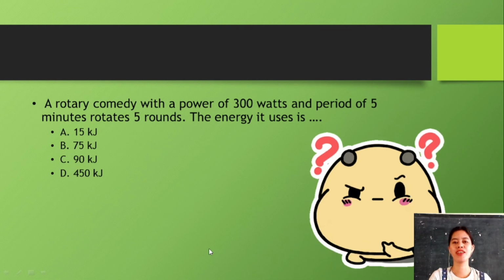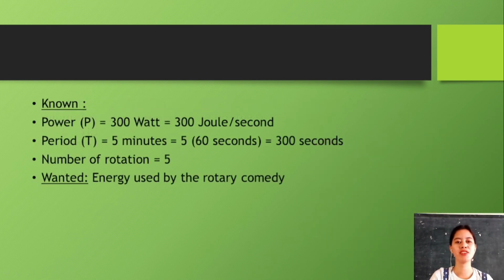Let's find out if your answer is correct. So we have given our power is 300 watt or 300 joule per second. Our time is 5 minutes or 300 seconds, and the number of rotation is 5.